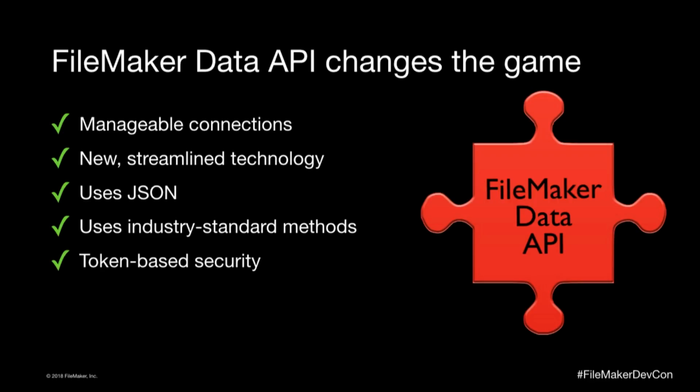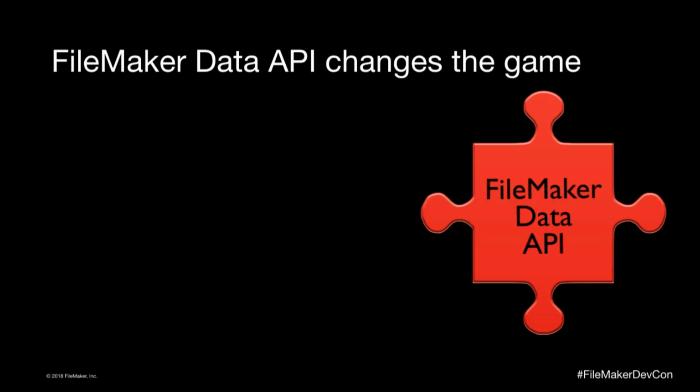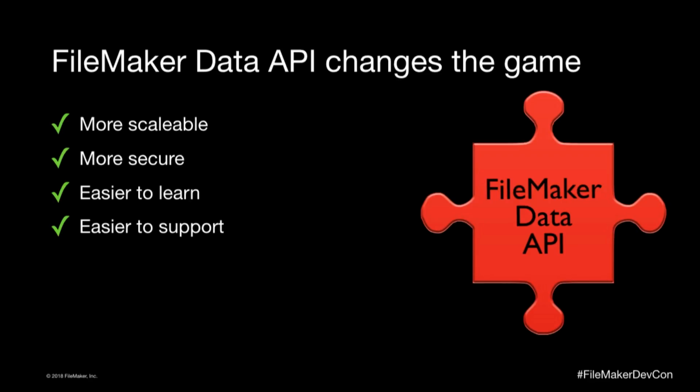And it uses token-based security, which is a step up from what we're using now. So the bottom line, it's a more scalable Data API, the FileMaker Data API. By the way, FileMaker insists that I put FileMaker before the words Data API, so I'm trying to. The FileMaker Data API is, as a result, really more scalable, more secure, easier to learn, and easier to support.